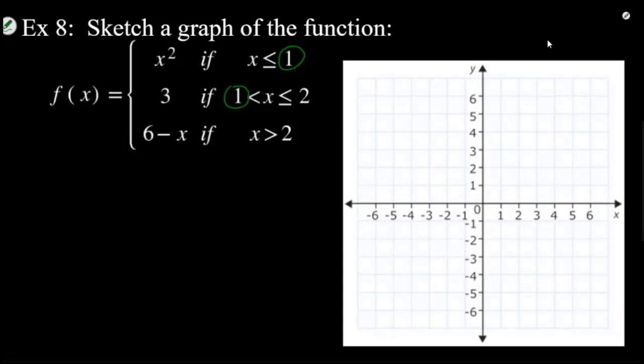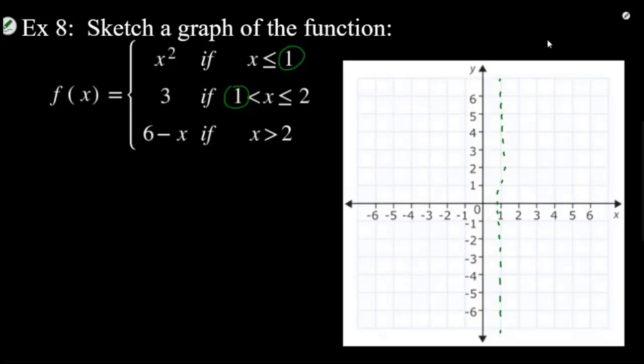Does that make sense? The top function is for x less than or equal to 1, and then the middle one is for x greater than or equal to 1. So there's one split in the function, and what I'll usually do is maybe just put a dashed line here, whoops, crooked dashed line, to say, okay, this is one spot where our graph is going to get split.